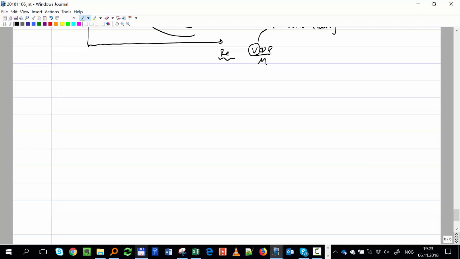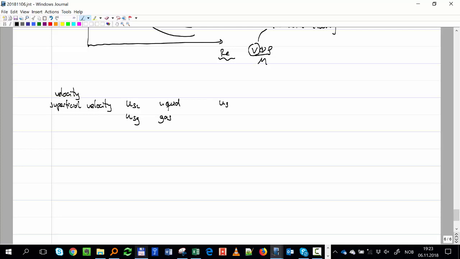So they said, I'm going to define some velocity, which is called the superficial velocity. I'm going to use USL for the liquid and USG for the gas. And how is that velocity defined?